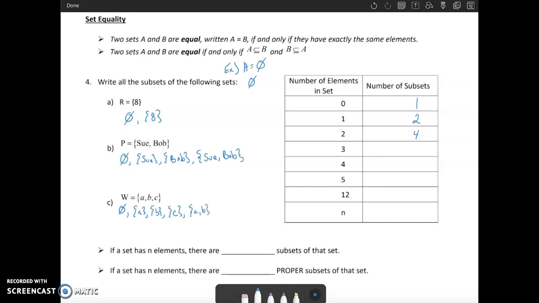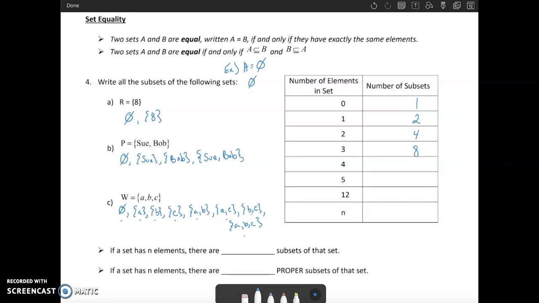Each of those elements is also in W. So would the set that just contains A and C, and so would the set that just contains B and C. And then there would be one final set that could be a subset, which is W itself. So the set of A, B, and C would also count. So that is 1, 2, 3, 4, 5, 6, 7, 8.